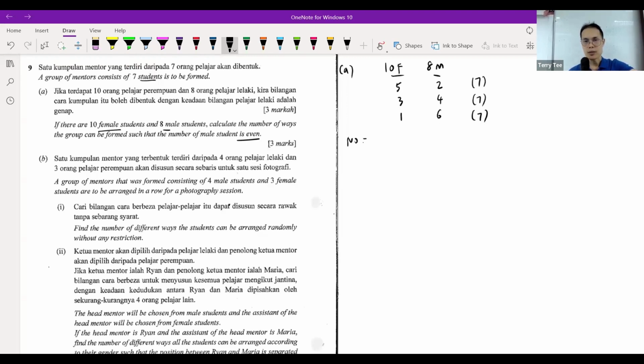To write this answer, we say 10C5, 10 female choose 5, times 8C2, 8 male choose 2. You add together; there are 3 cases to be added. Then 10C3 times 8C4, then 10C1 times 8C6.